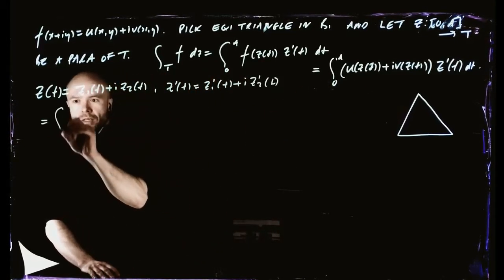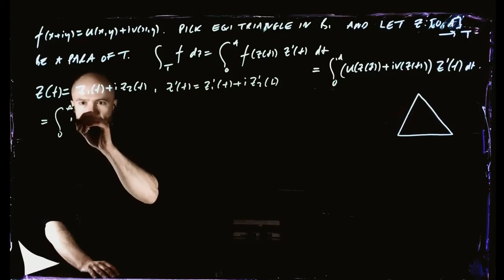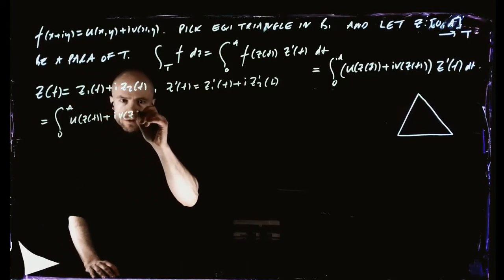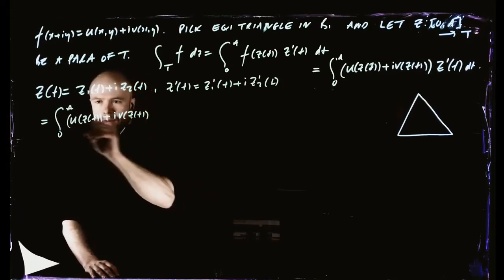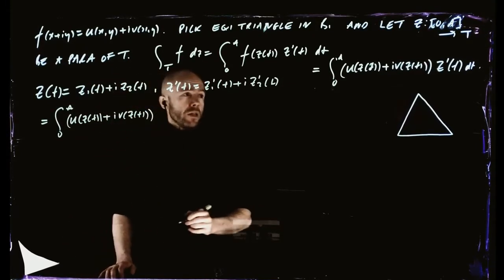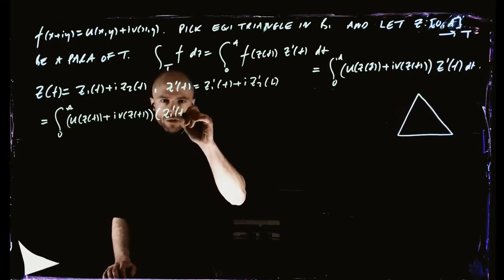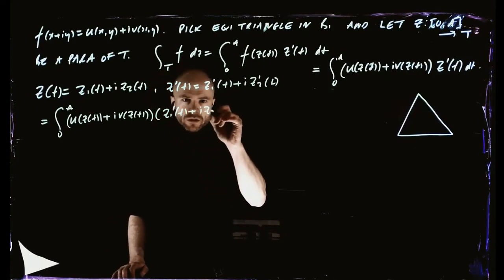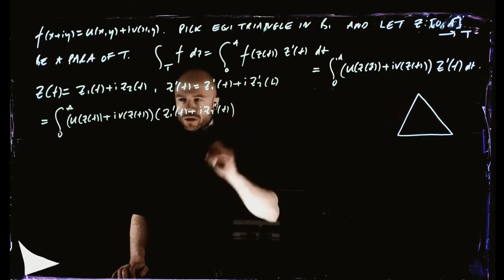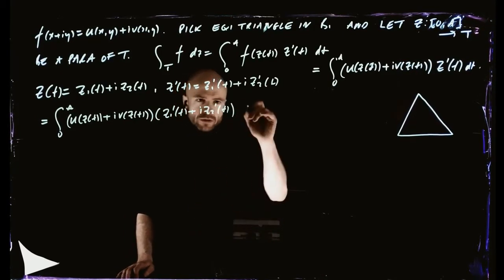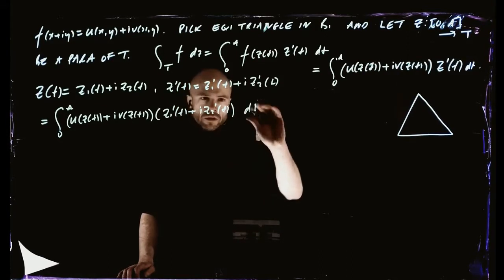So that's equal to the integral from 0 to a of u(z(t)) plus i v(z(t)), and then here we've got z1'(t) plus i z2'(t), dt.